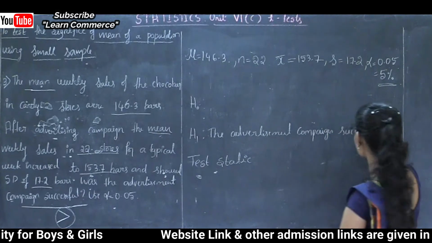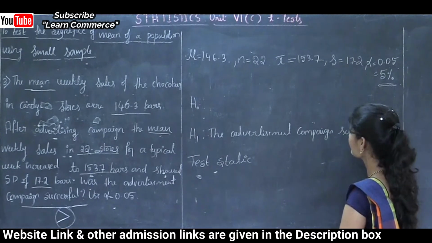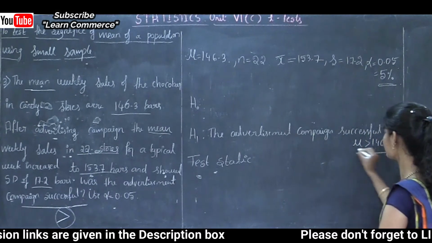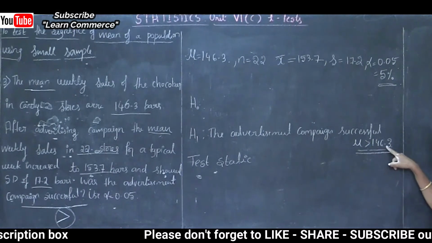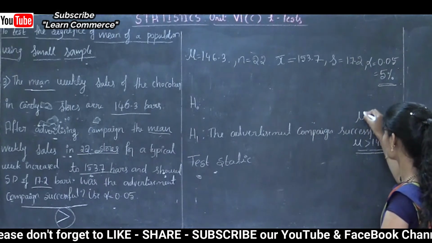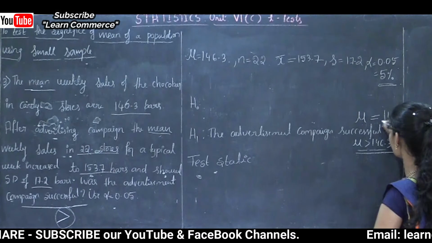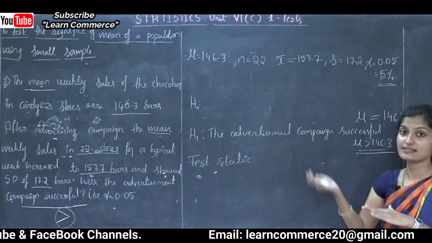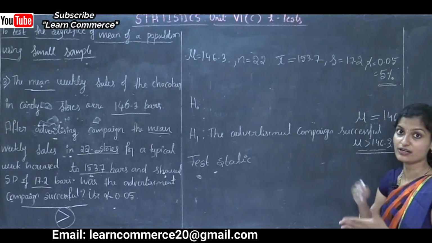When mu is greater than 146.3, then we can say the advertisement campaign is successful. And we know that the null hypothesis is always equal to, that is mu is equal to 146.3. When it is equal, it remains constant, the sales of candy remain the same, so this is not successful.